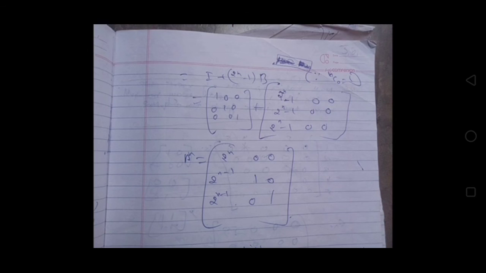So we have written identity matrix plus (2 raised to power n minus 1) into B matrix, which will be equal to A raised to power n. A raised to power n will become like this, and you can put n is equal to 50 as has been mentioned in the question.